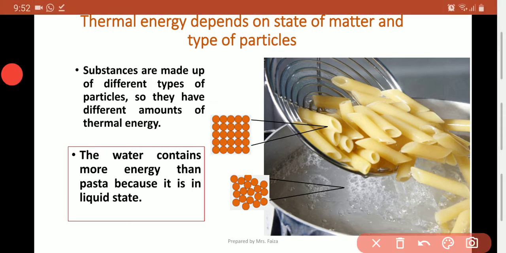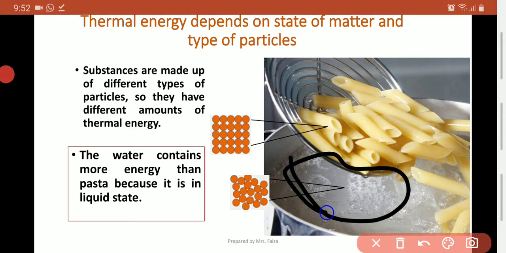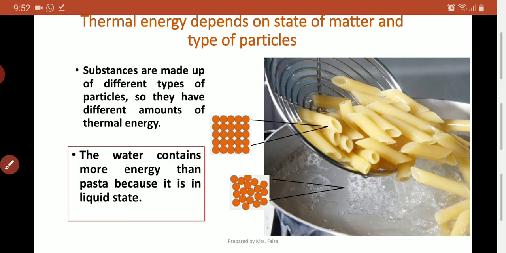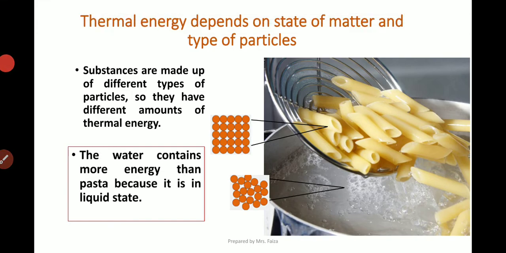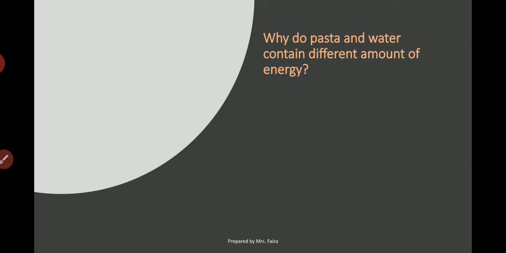Yes, the water is boiling. We don't care now about temperature, think of it as the same temperature. They're the same mass, but the difference is the state of matter. Liquid beats solid, gas beats liquid.